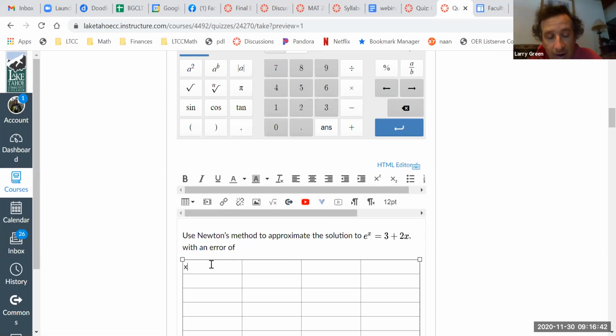I'm just going to write x because it's easier to type, and then we're going to have f of x, then f prime of x, and then the Newton's method formula.